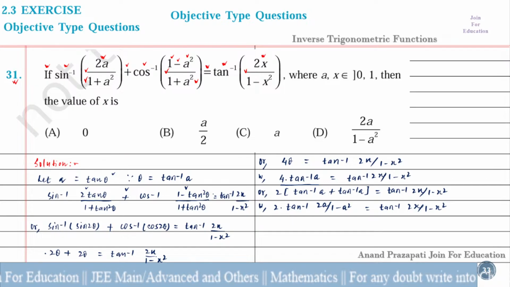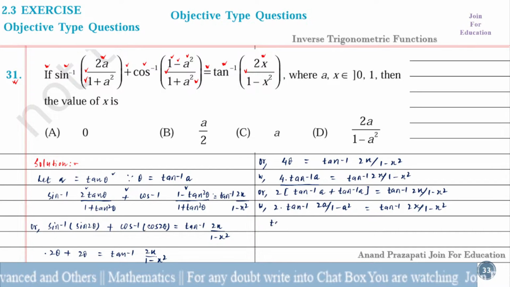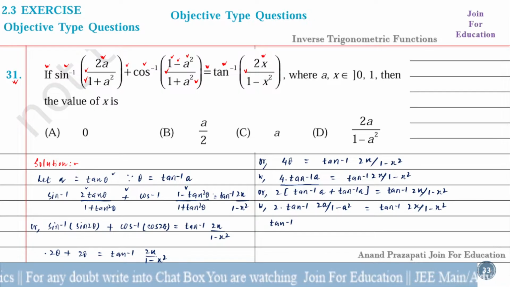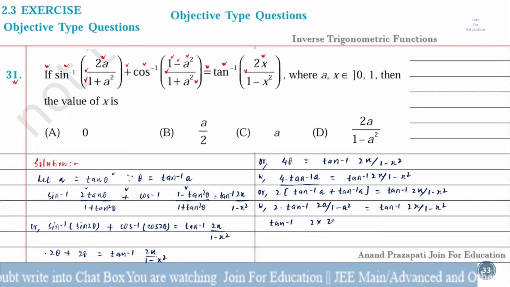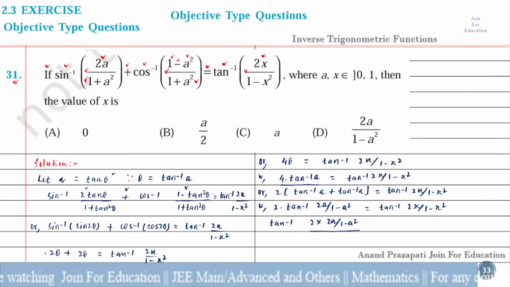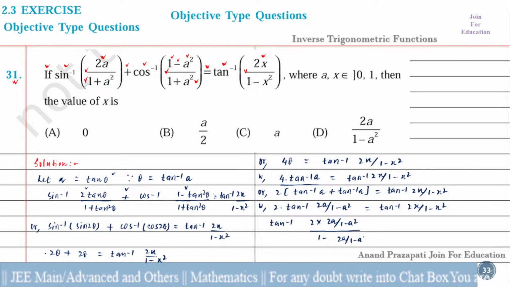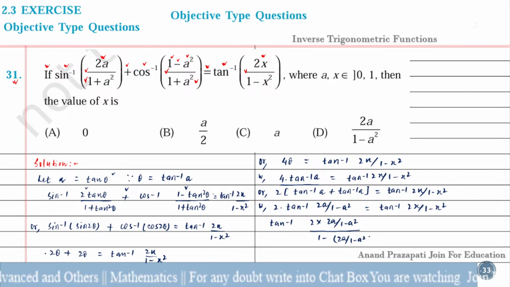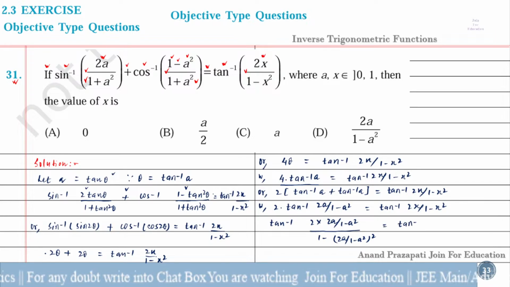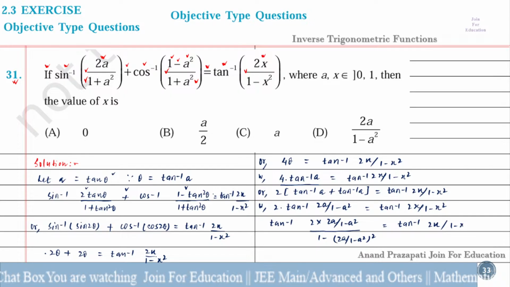Again, 2 tan inverse 2a by 1 minus a square equals tan inverse of 2 into 2a by 1 minus a square, divided by 1 minus the whole square of 2a by 1 minus a square, equals tan inverse 2x by 1 minus x square.